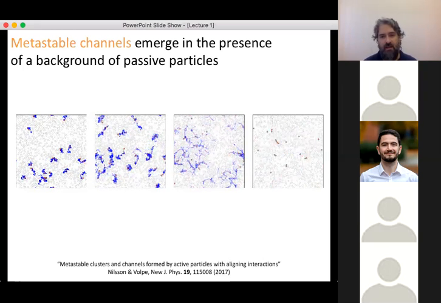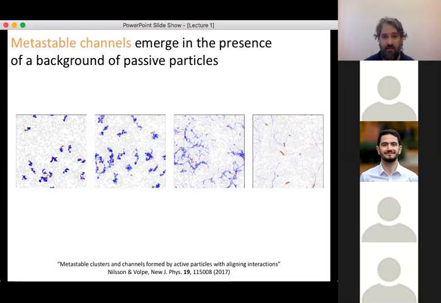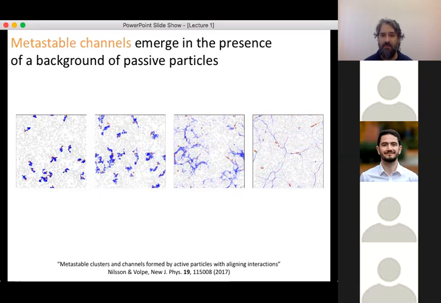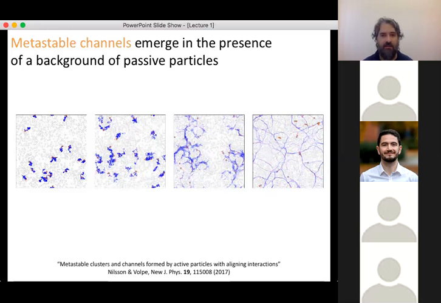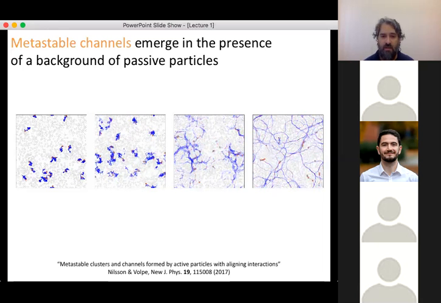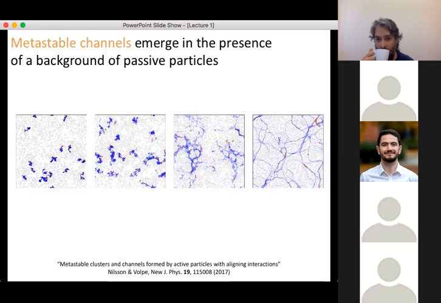And if you reduce the noise in the rotational alignment of the active particles even further, then it really becomes a network of channels that the active particles create and stabilize over time. I think this is a very beautiful result. Again, very nice that it was obtained by a student doing his master thesis. This was by Simon Nielsen 4 years ago.